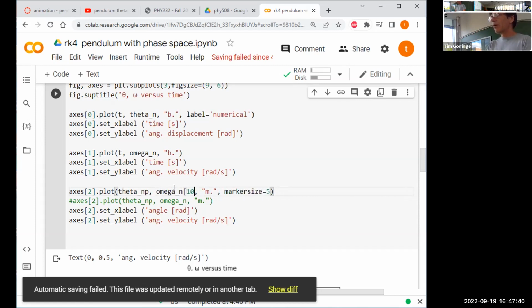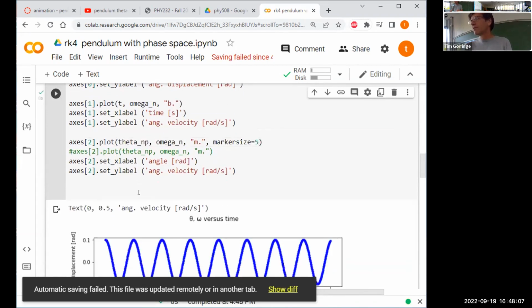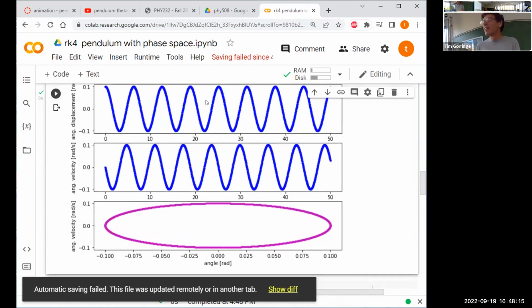I'm just going to plot not theta versus time or omega versus time, I'm going to plot theta versus omega. So that is the phase space. That describes the state of the system. In this portrait, we can see the evolution of this system. We can see the phase space trajectory. These are the 3 plots then.